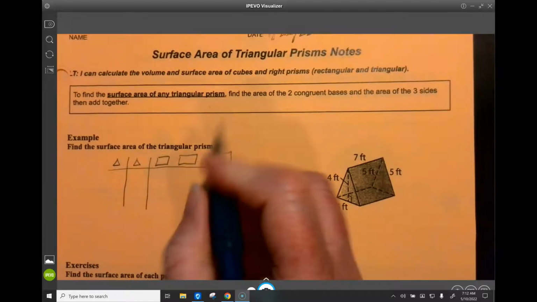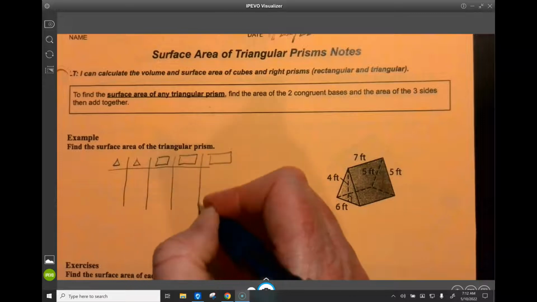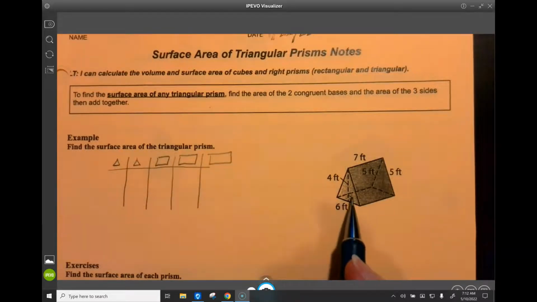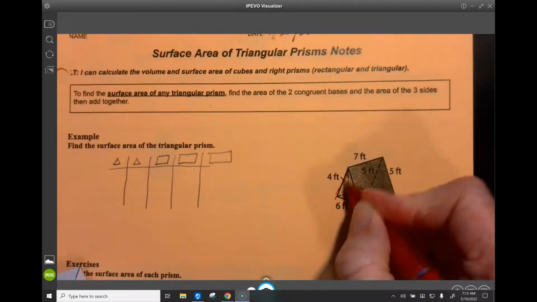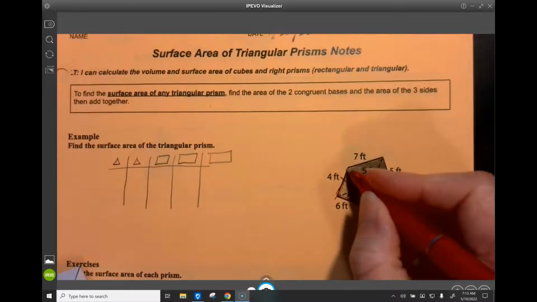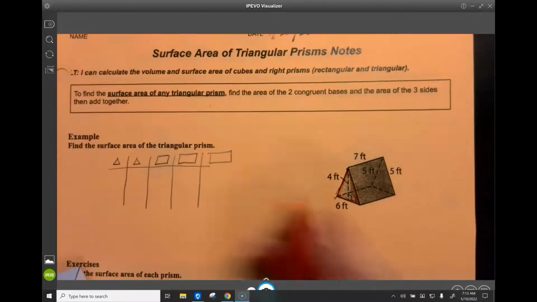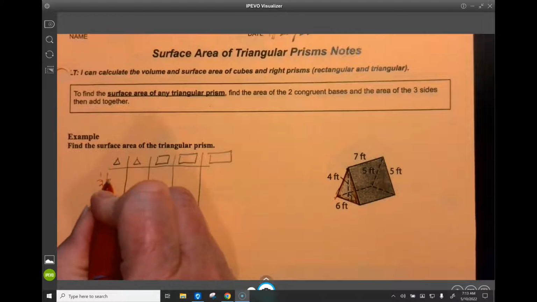I should have made a little more space so that I could write this in there. That's okay. So what I have to do is find the area of the triangle. I'm looking at this triangle right here. This triangle is my base, so I have to find its area. That's going to be 1/2 base times height.